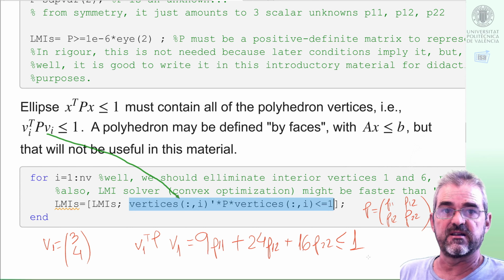Code efficiency is not the topic of this video, neither is it my specialty, but LMIs may be way more efficient than some polyhedron manipulation stuff. So with this, we have encoded that the polyhedron must be inside the short ellipse.